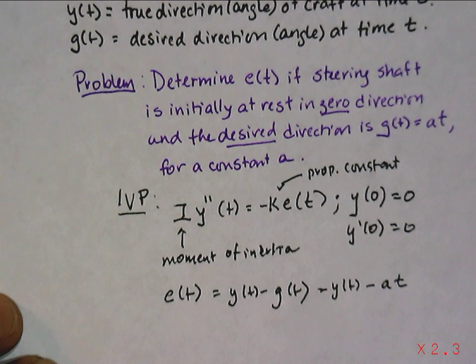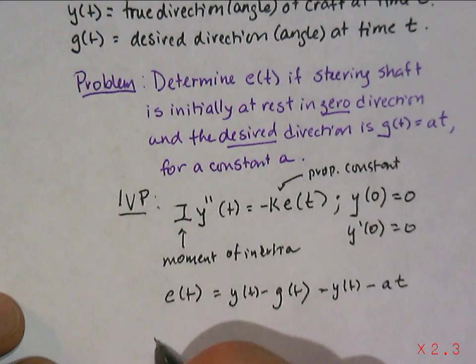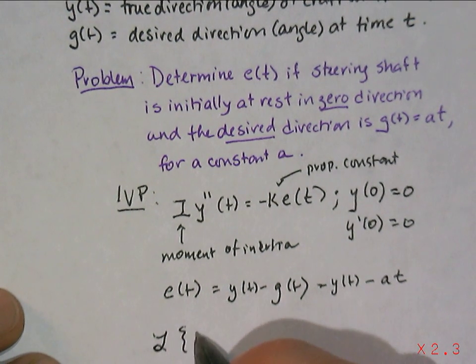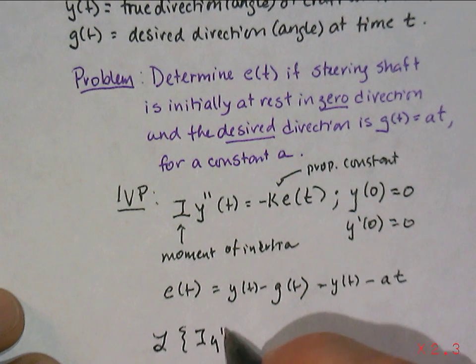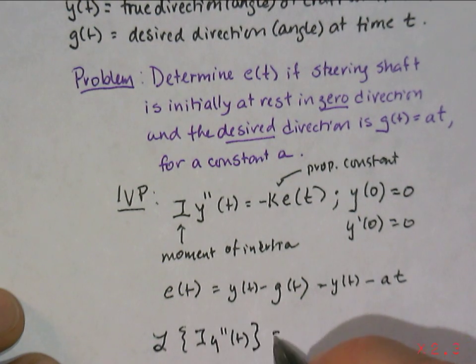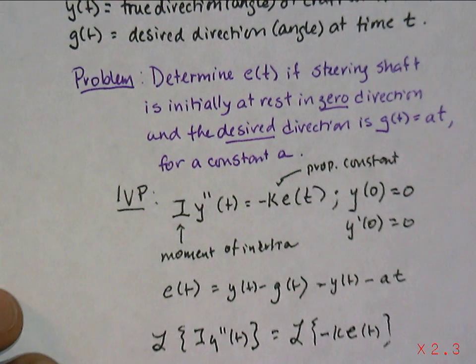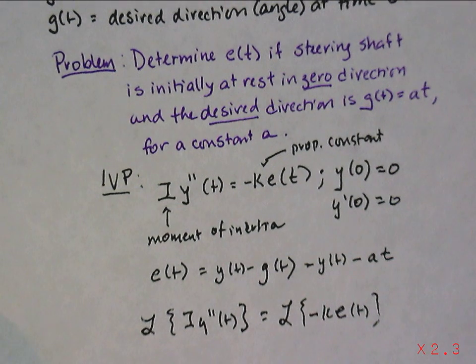So what we'll have to do initially is take the Laplace transform. So we're going to take the Laplace transform of both sides, keeping in mind that we do have some constants involved here.